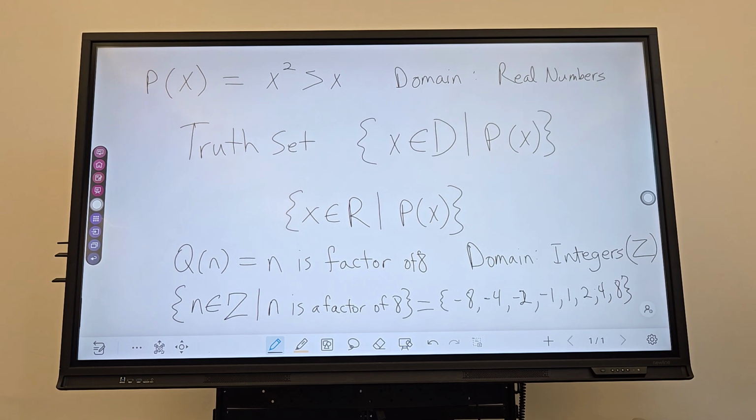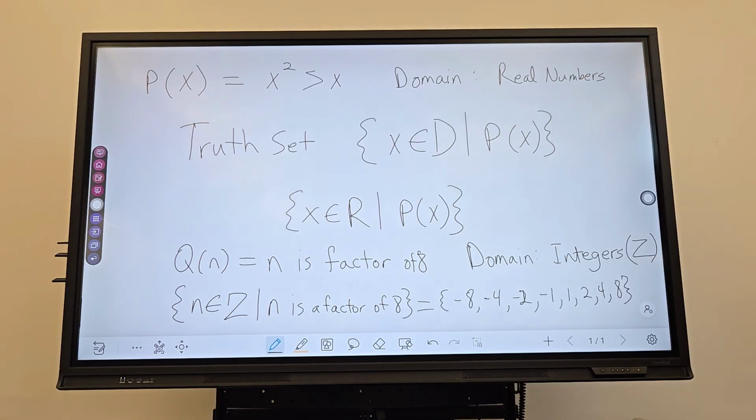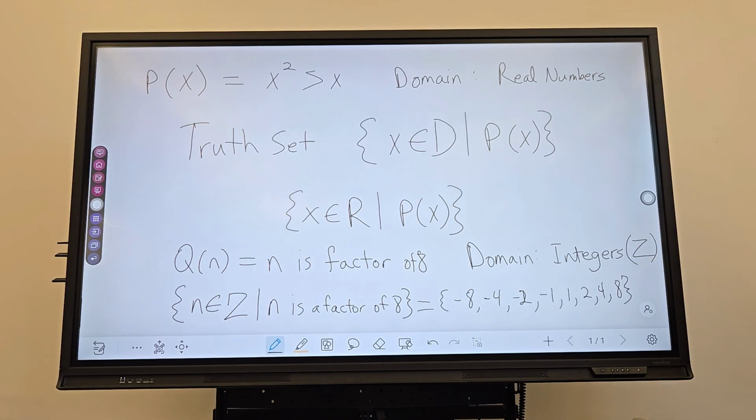This is another way of building sets by giving rules and an initial domain. Like I said, another way of defining a set.